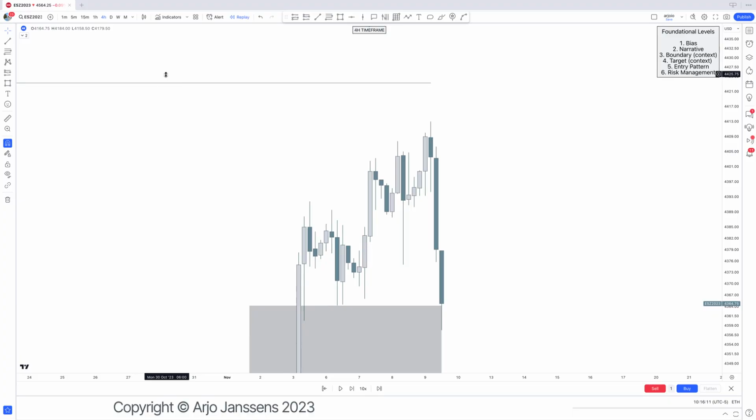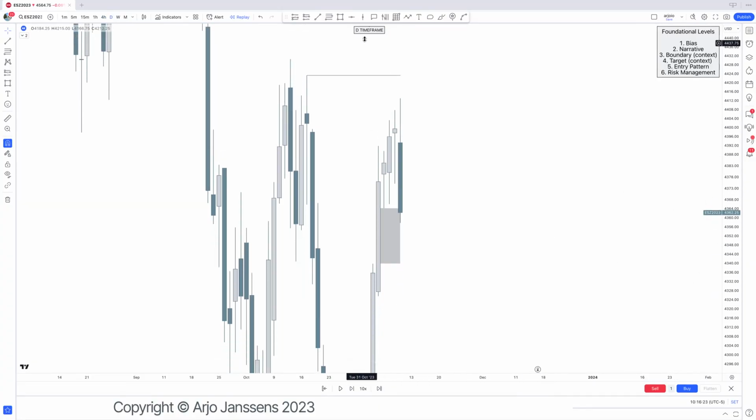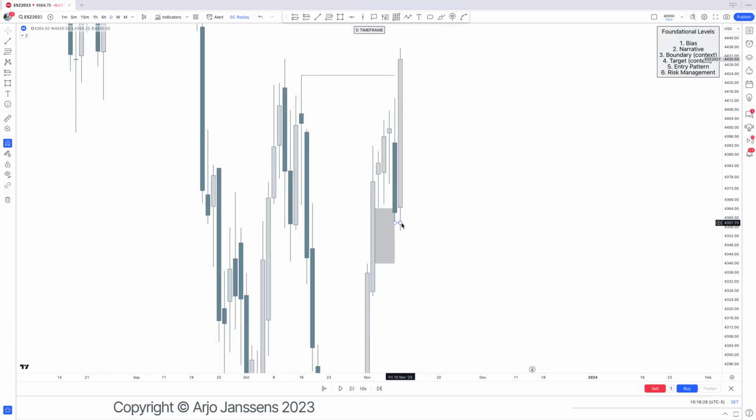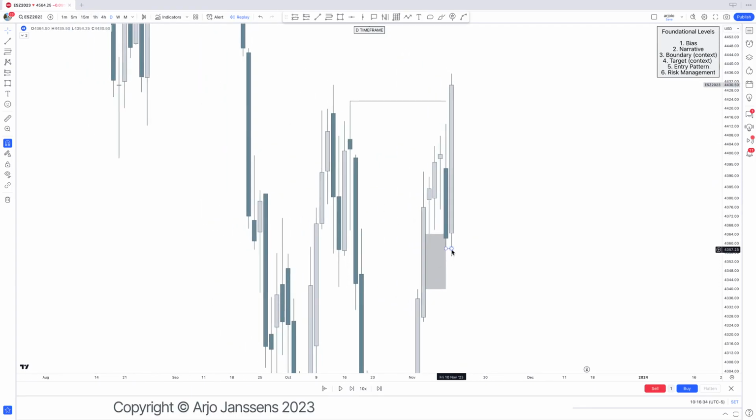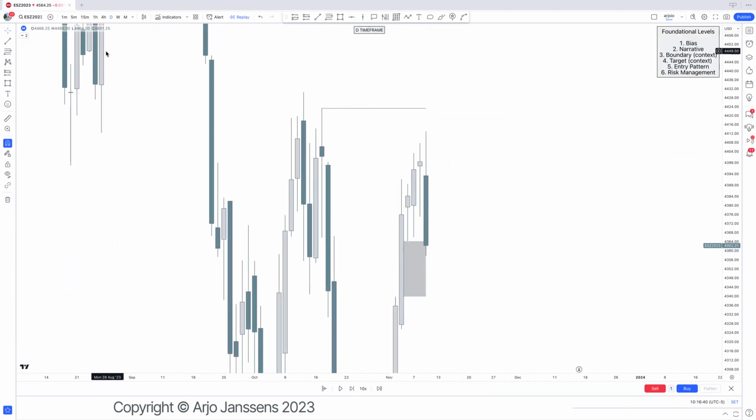So then the next step is we are coming into this daily fair value gap. Now, this is again where I would expect a previous day low sweep to then continue higher off of that. Why a previous day low sweep to then continue higher? Well, because at that moment in time, on the first day that we come into the daily fair value gap, the boundary is to go into the 15-minute time frame, your entry pattern time frame, to look at that boundary, which is the daily fair value gap, to look at this target right there, potentially, and potentially that target.